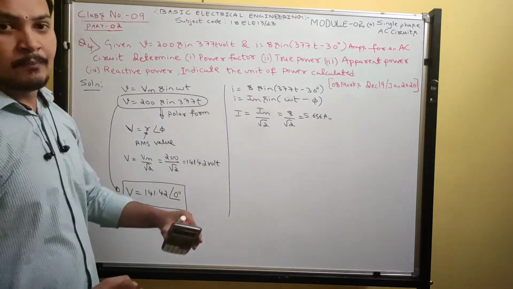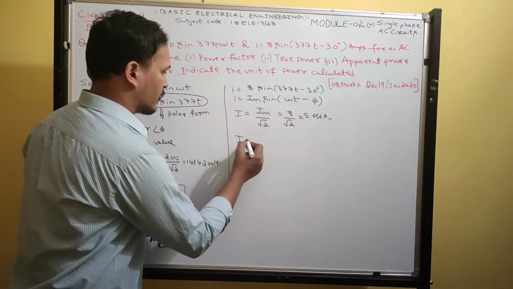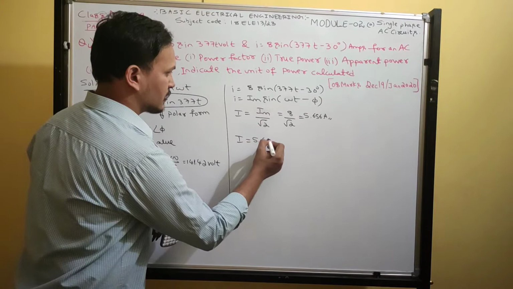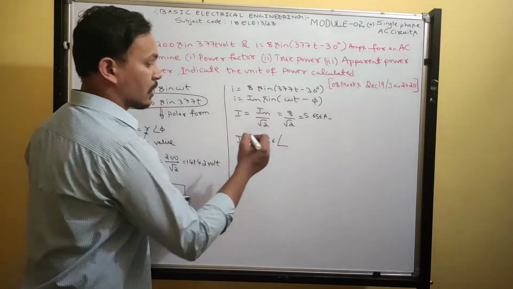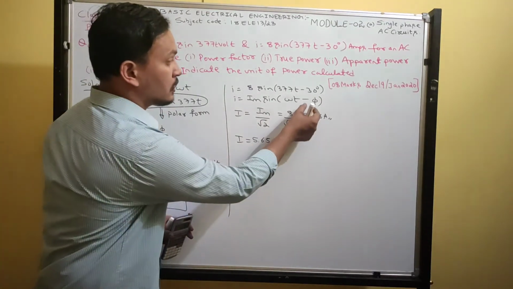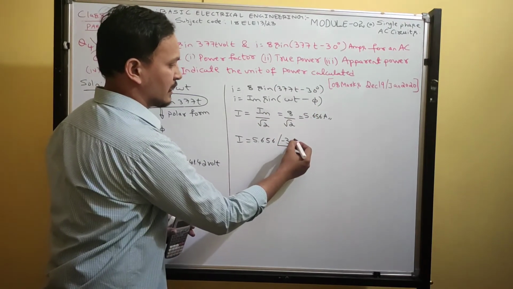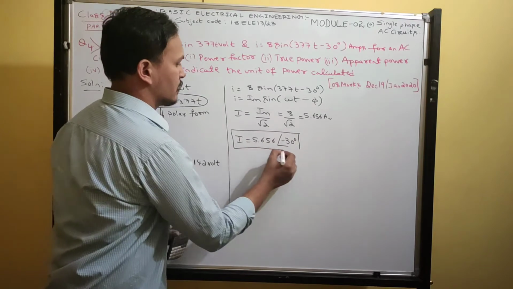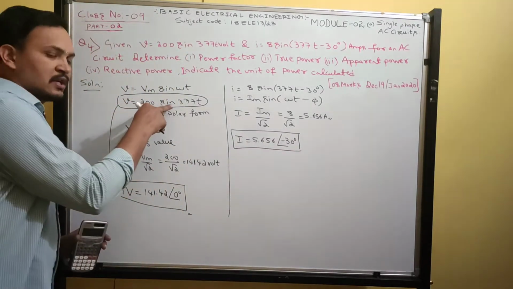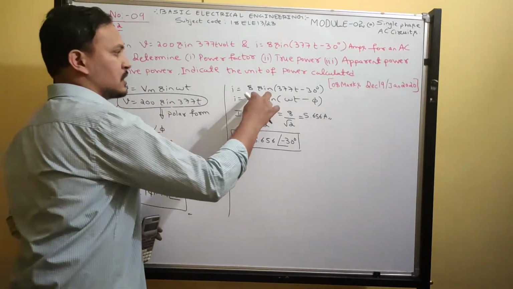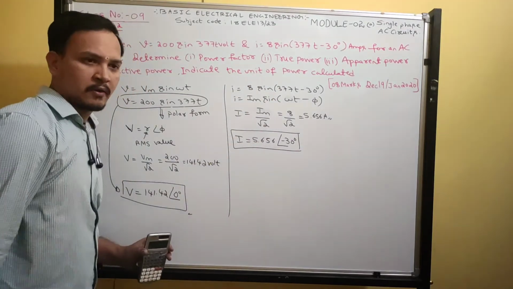Now represent it in polar form: 5.656 at an angle of minus phi, so write that angle here, at an angle of minus 30 degrees.